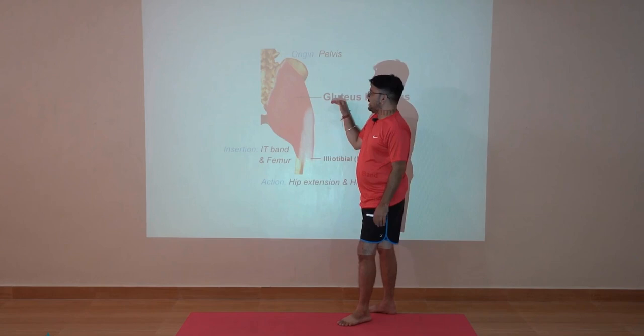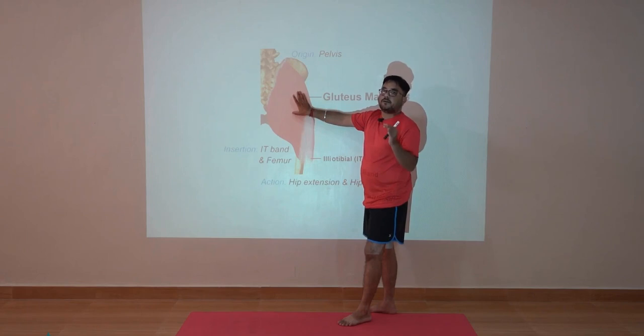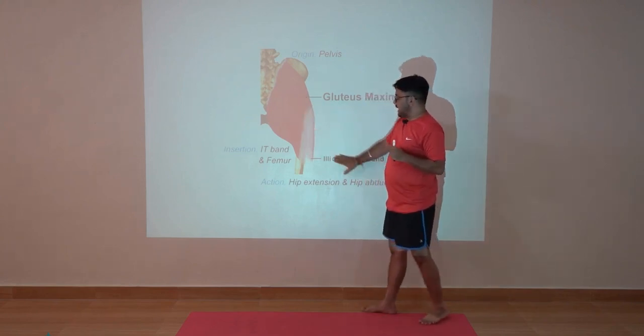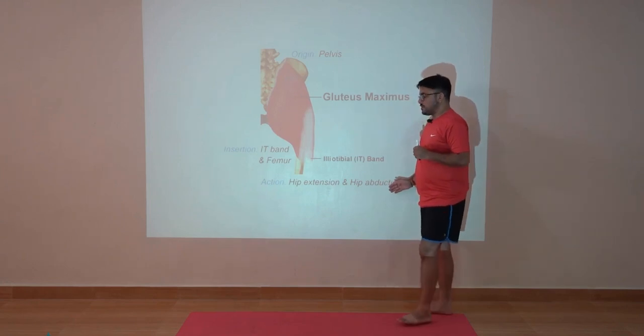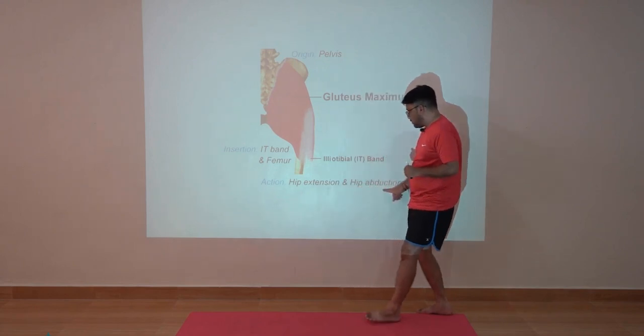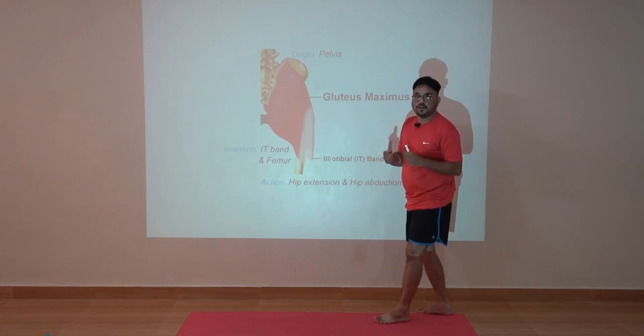So glutes for the buttocks and maximus because it occupies the maximum part on the back of your hip bone. Action: hip extension and abduction also. Main action is the extension, but it also supports a little bit in the hip abduction too, my friends.